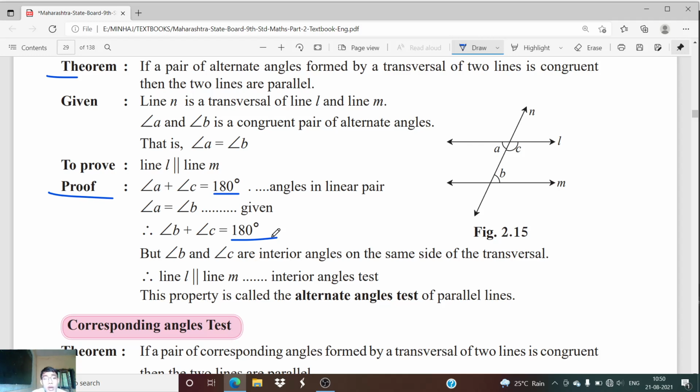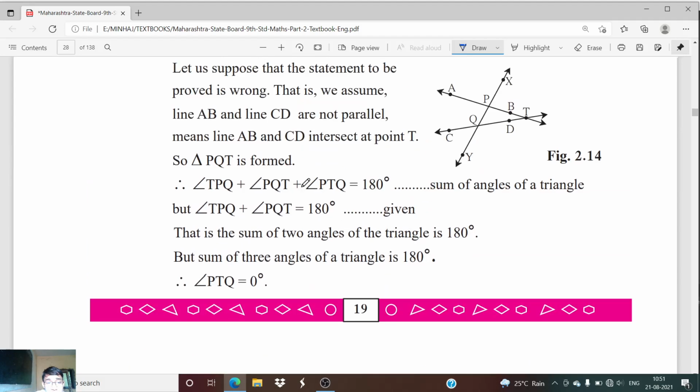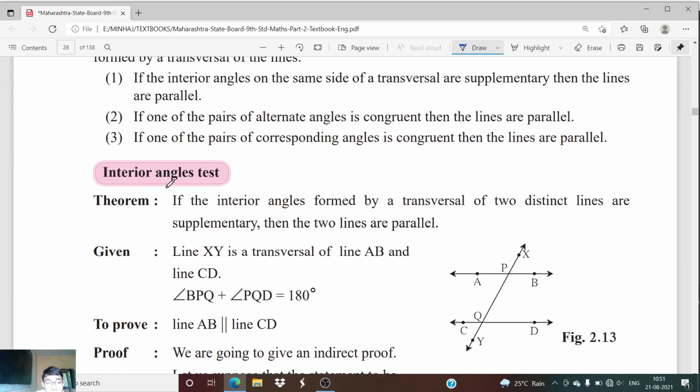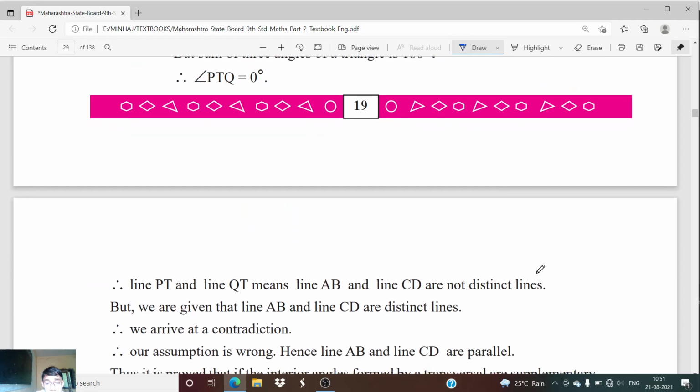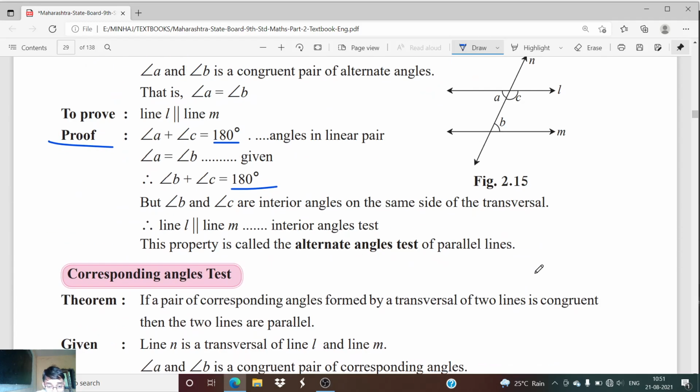Now we can see that angle B and angle C are both interior angles, and from this equation we get that the sum of these interior angles is supplementary. As we have studied in the interior angles test, if the interior angles are supplementary, then the lines must be parallel to each other.